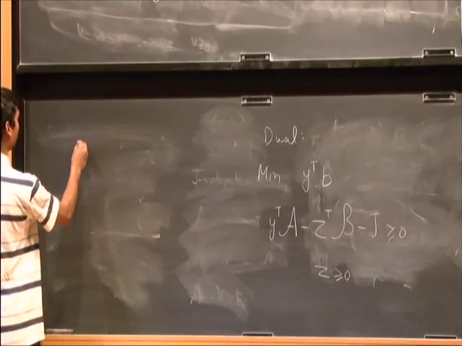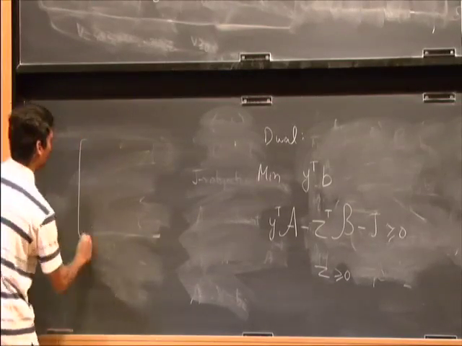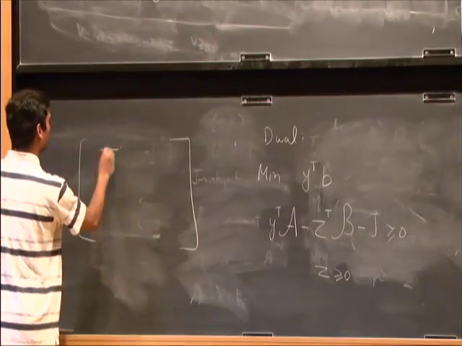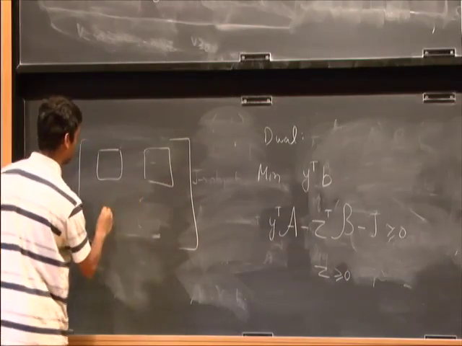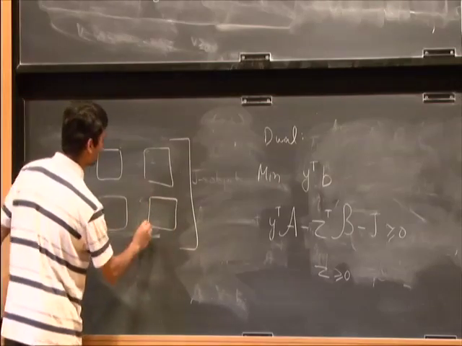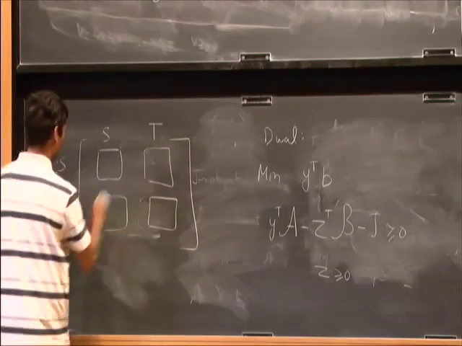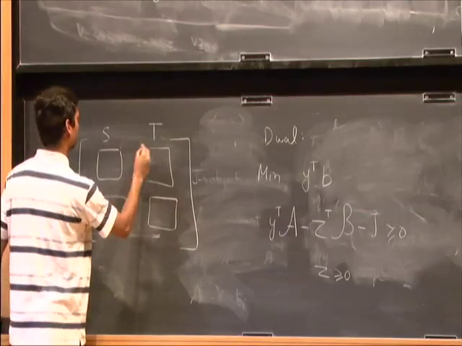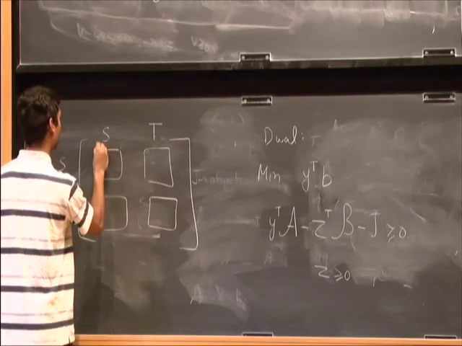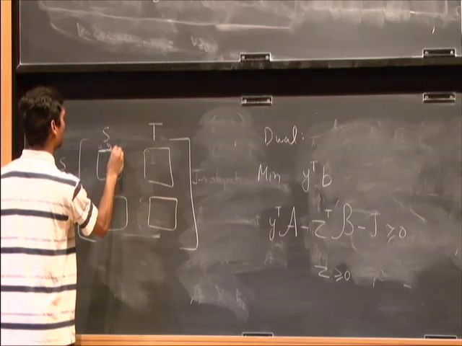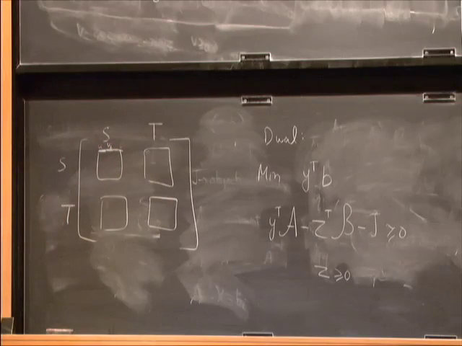My matrix will look like this: S, S, T, T, and this will have U1, U2, all the answers. So this will be the structure of my matrix.